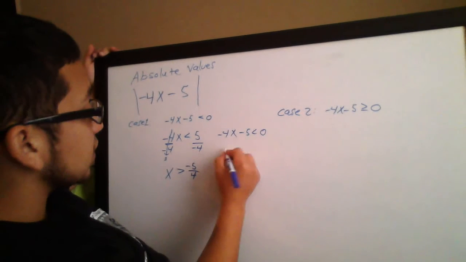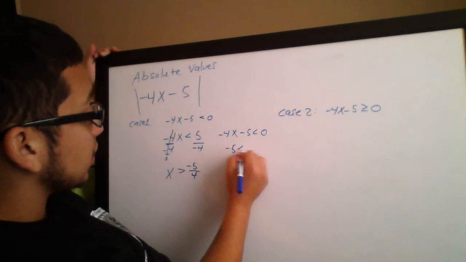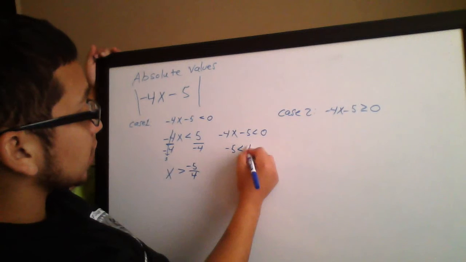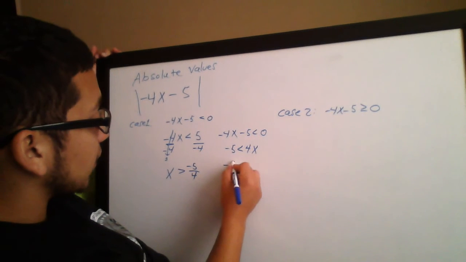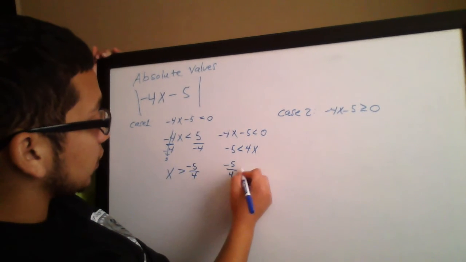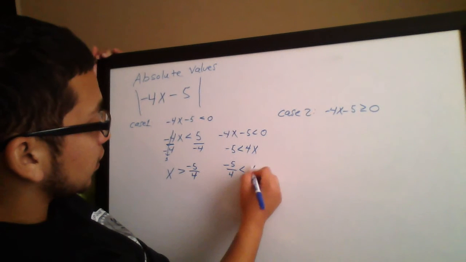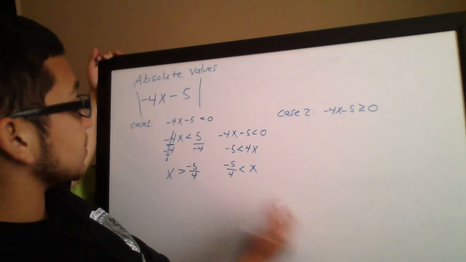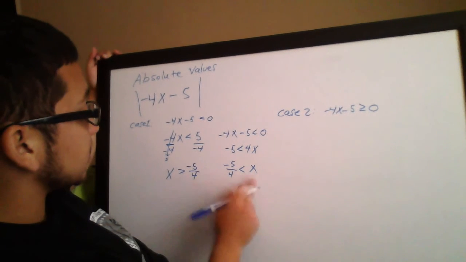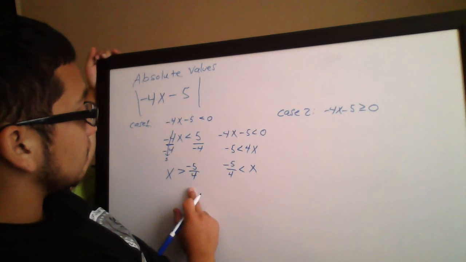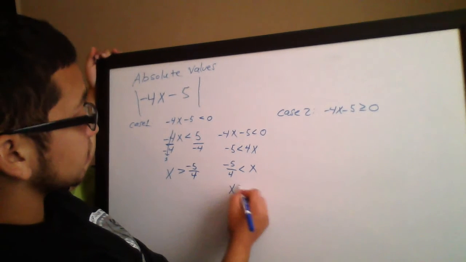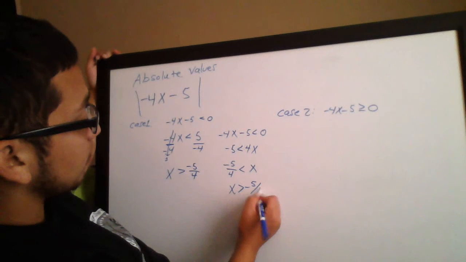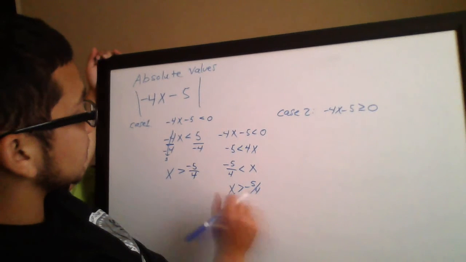So minus 5 is less than positive 4x. Divide by the 4, minus 5 over 4 is less than x. Now as you can see, they give me the exact same answer. The x is just on this side, so if I wanted to write the x on the other side, I would just say x is greater than minus 5 over 4. And they give me the exact same answer.